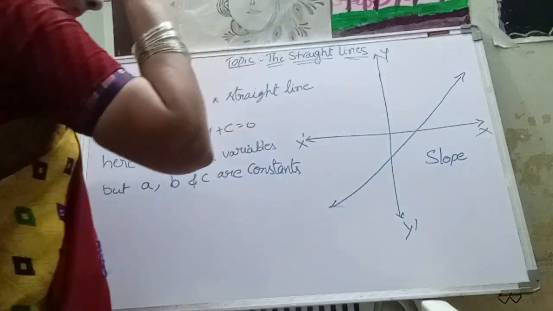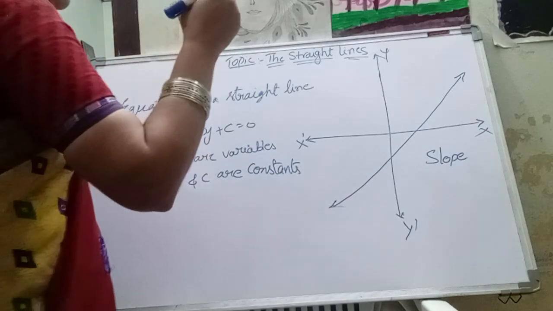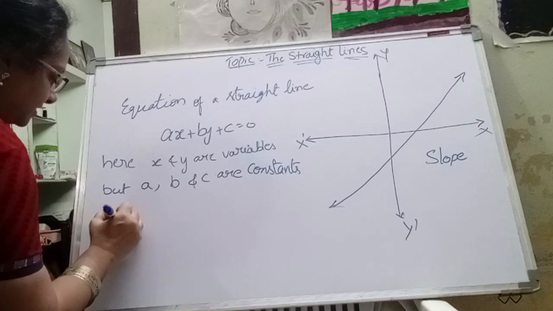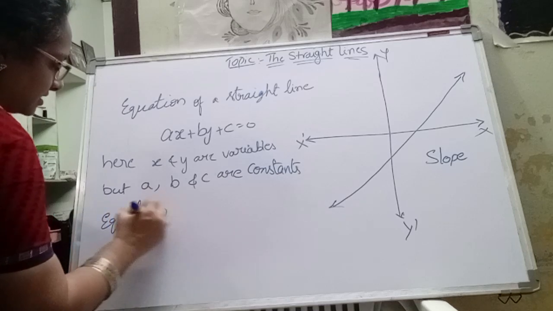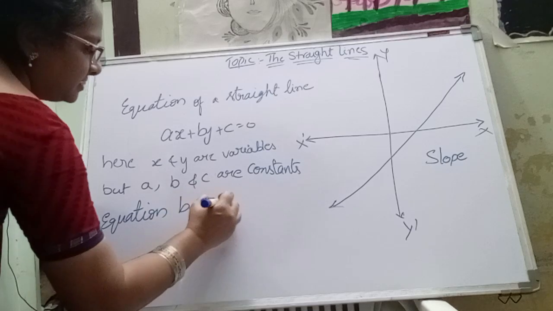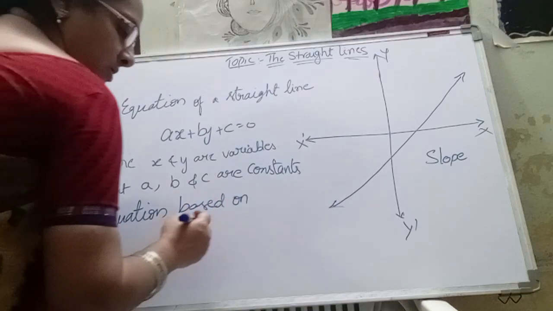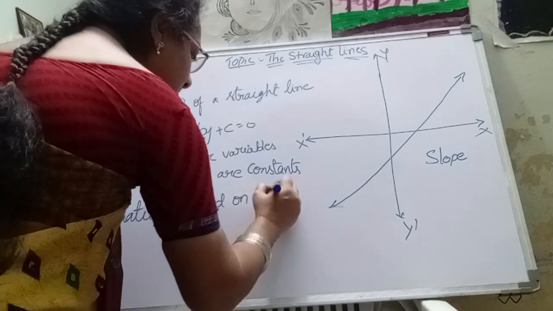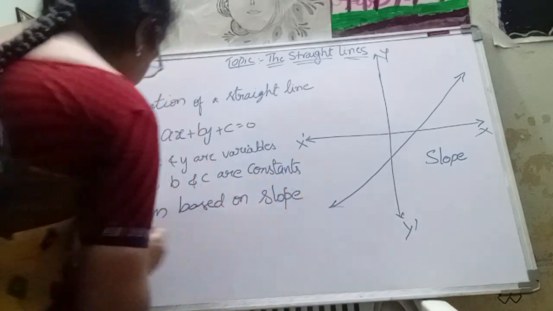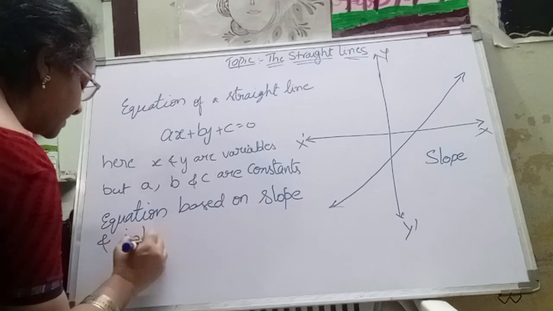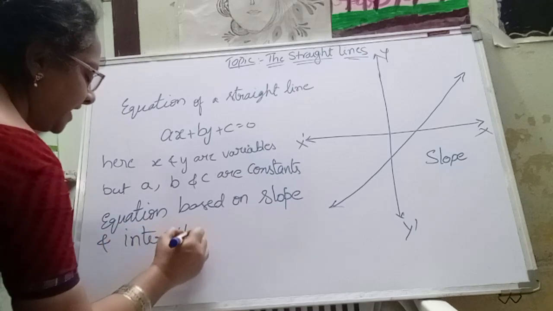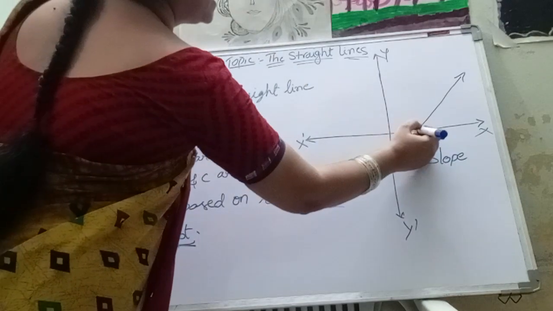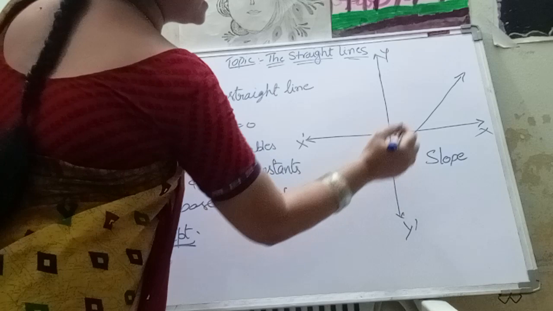So you have one equation using the slope of the line, the equation based on slope and intercept. What does intercept mean? This is the x-axis and this is the y-axis, right?